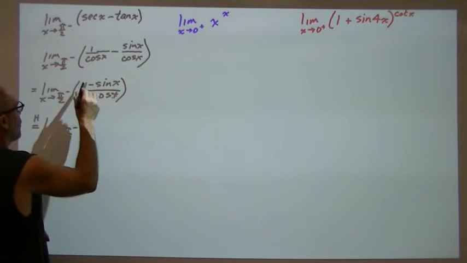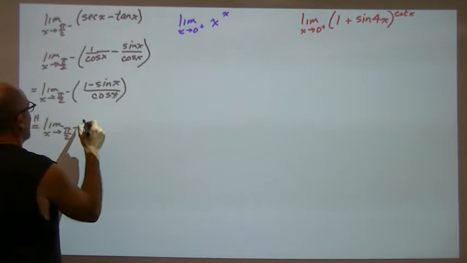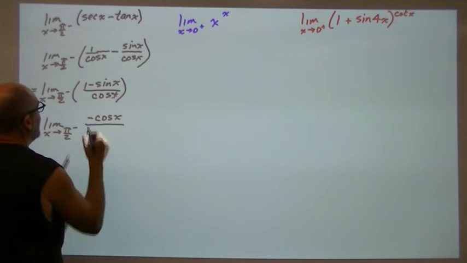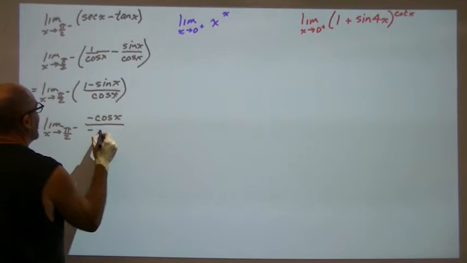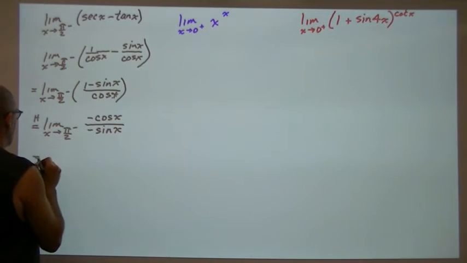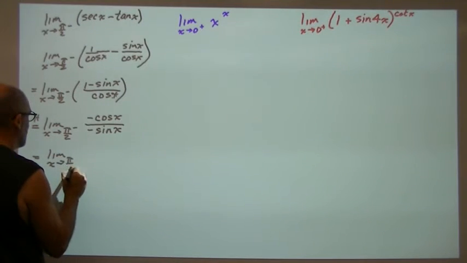Now, the derivative of 1 is 0, the derivative of sine is cosine, so we have a negative cosine x on top, and the derivative of cosine is negative sine x. And so this becomes the limit as x approaches pi over 2.